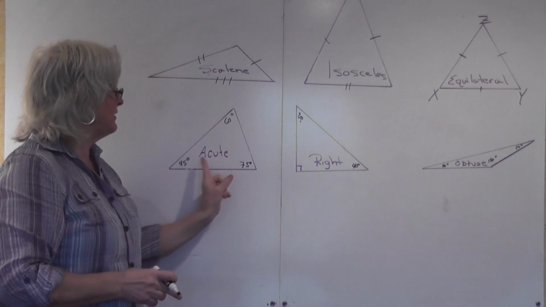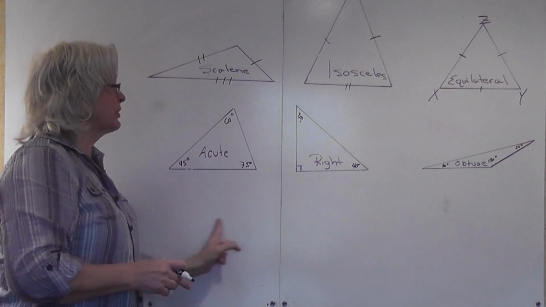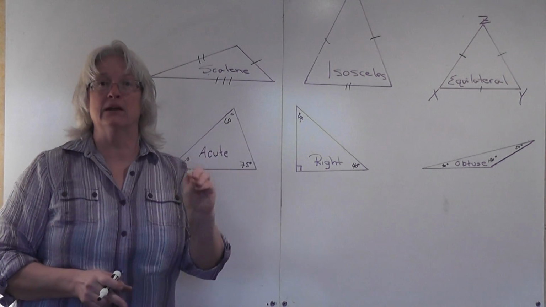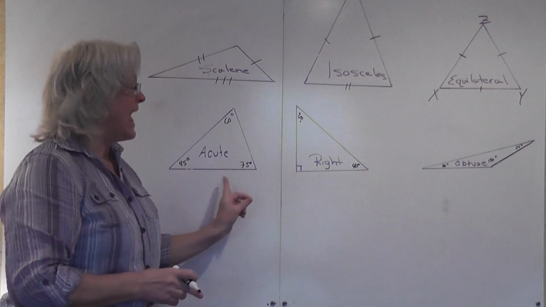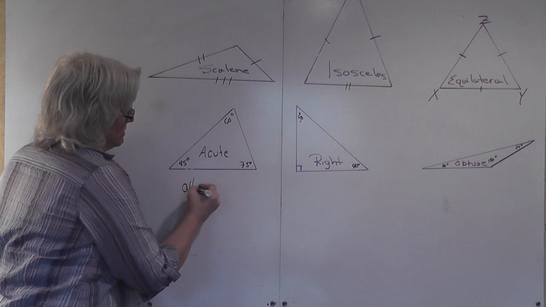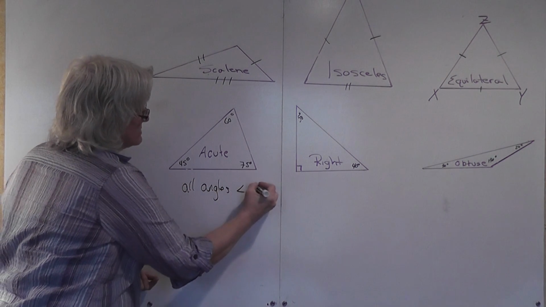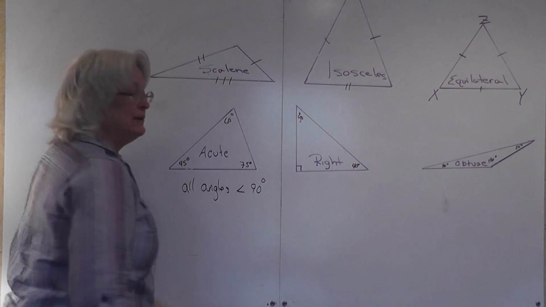So we have 45 degrees, 60 degrees, 75 degrees. All 3 of the angles in an acute triangle have to be less than 90 degrees. All angles are less than 90 degrees.